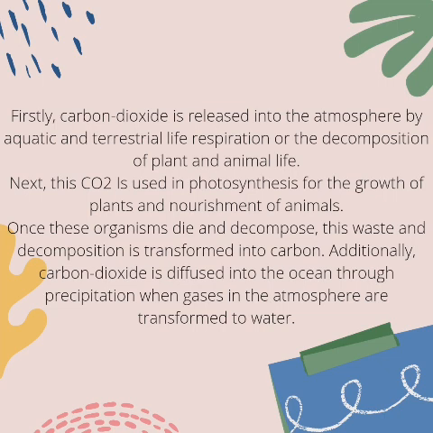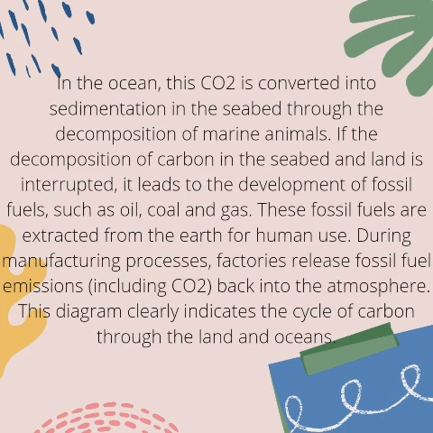Once these organisms die and decompose, this waste and decomposition is transformed into carbon. Additionally, carbon dioxide is diffused into the ocean through precipitation when gases in the atmosphere are transformed to water. In the ocean, the CO2 is converted into sedimentation in the seabed through the decomposition of marine animals.